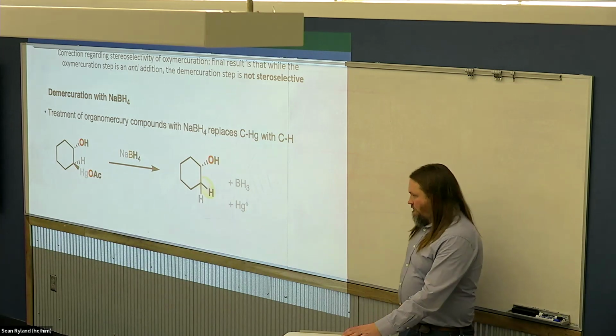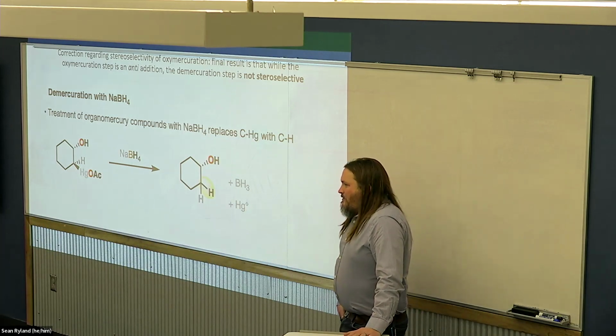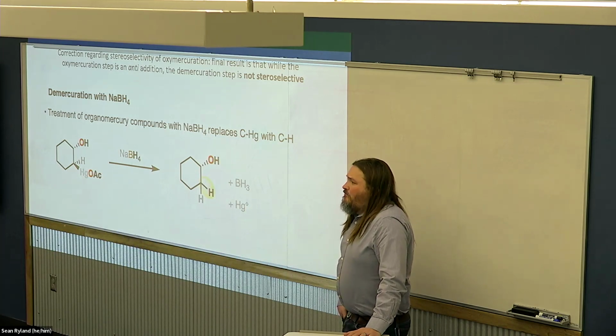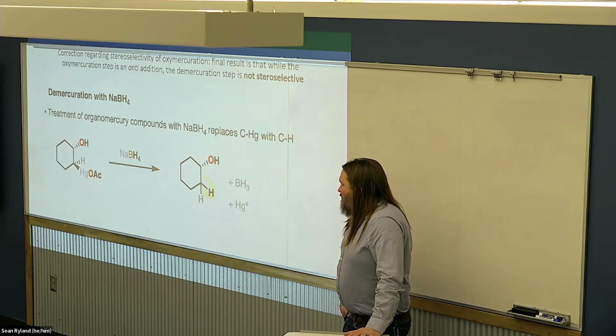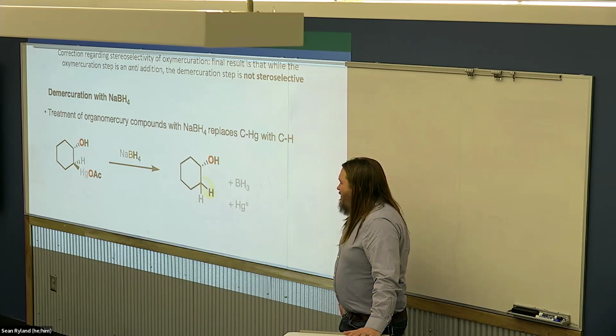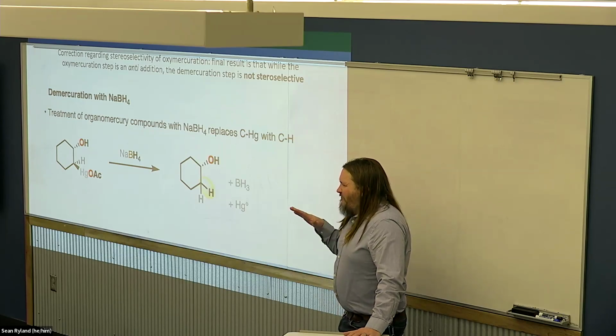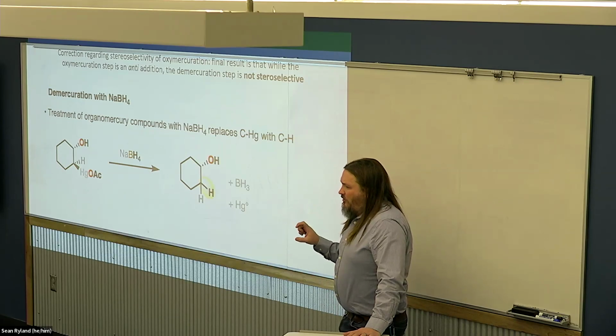Should the products be in equal parts, or would it be? It's going to depend a little bit on sterics, but they're going to be close. Basically, if it goes through a free radical intermediate, then free radicals are pretty close to a carbocation.